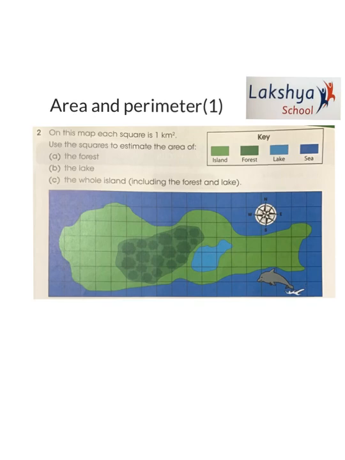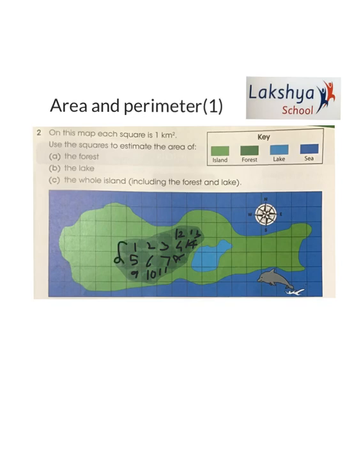So we see that this would be 1, 2, 3, 4, 5, 6, 7, 8, 9, 10, 11, because it is more than half, 12, and this is 13, and this would be 14.